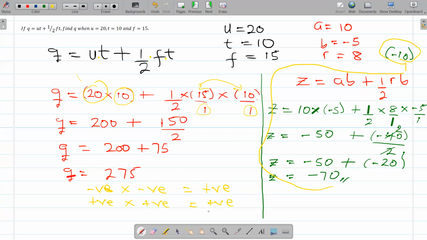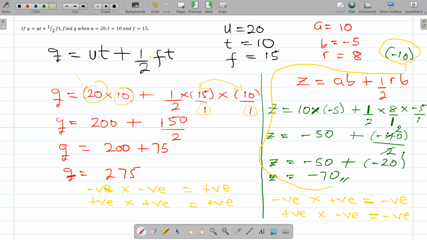Then negative times positive, you're still going to get negative. And positive times negative, you're still going to get negative. Is that okay? Yes.